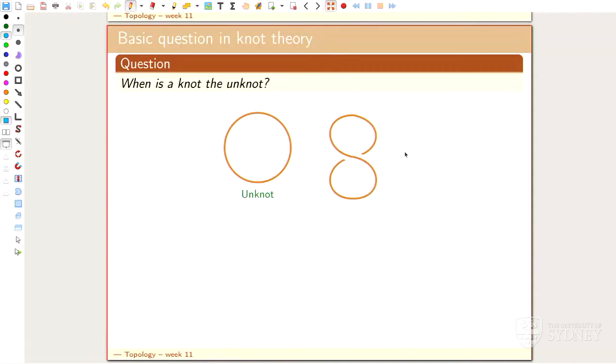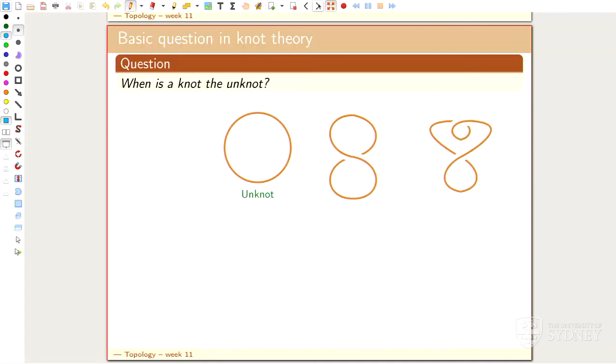I will tell you in a second what that means. But if you just undo this little twist up here, it looks like an 8, but you can just untwist it, and it's really the unknot itself. These two are equal. This one is also the unknot. I just put in another twist. So all of these are equal.